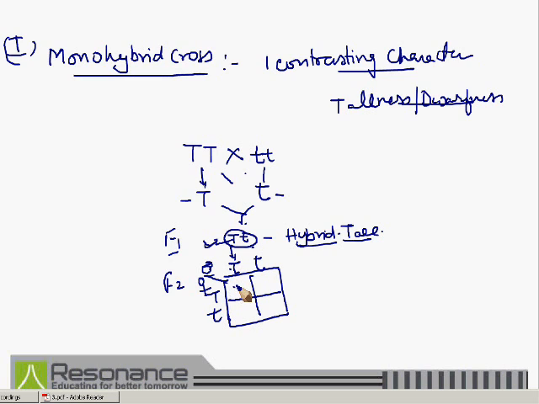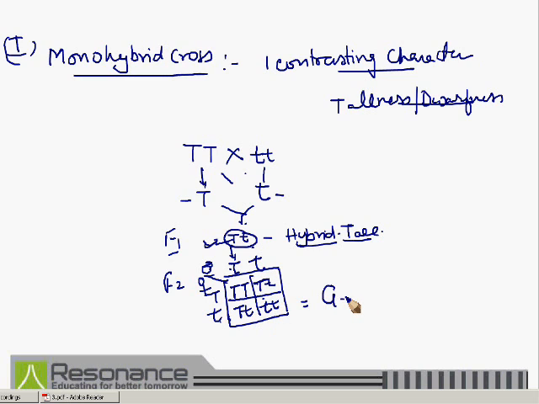Now we will cross in the same way. Here one should remember that the allele for dominance should be written prior to the recessive. So it will be like this. First we will write capital T, then we will write small t. Here we will write capital T, then small t. And if you cross small t with small t, it is bound to come small t small t.